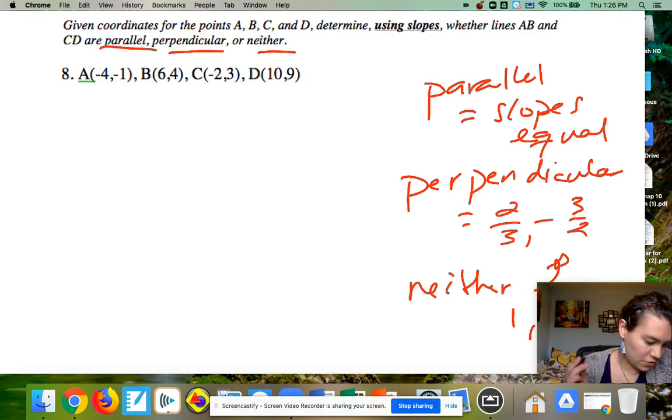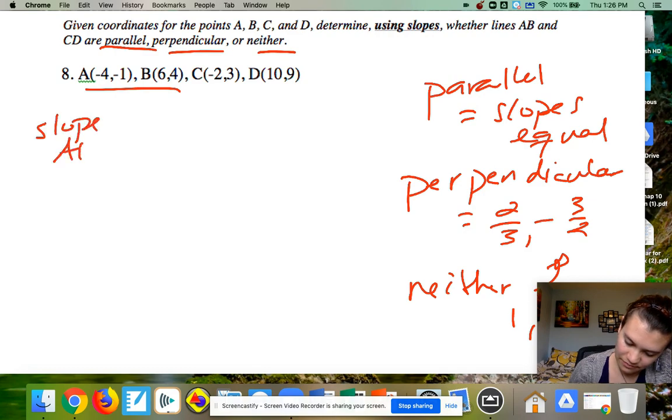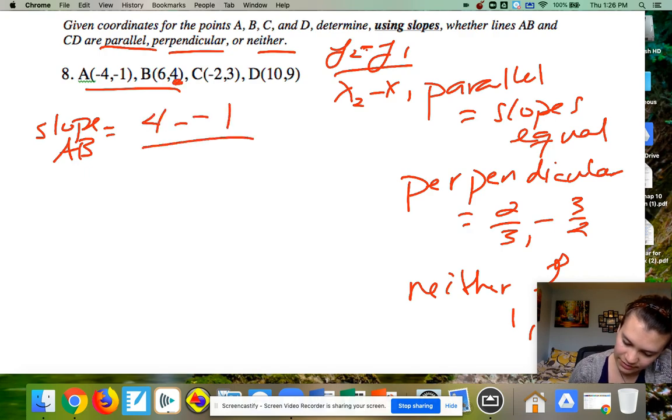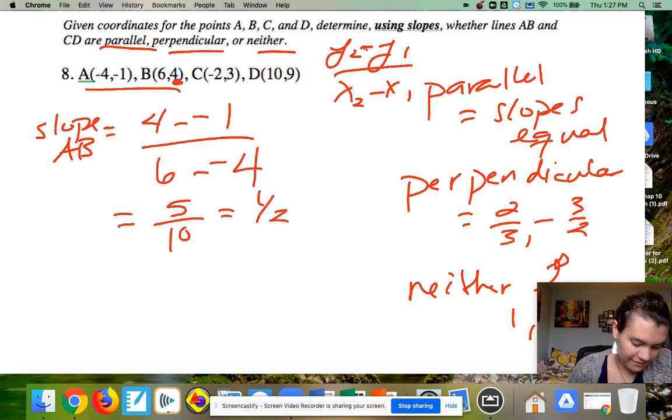So if we find the slopes here, we want to find the slope of AB, which is going to be the formula y2 minus y1 over x2 minus x1. So y2 would be 4 minus y1, x2 minus x1. You get 5 over 10, which will simplify to 1/2.